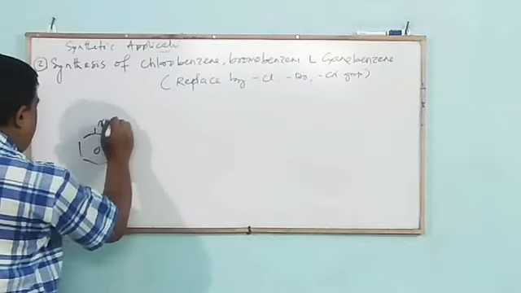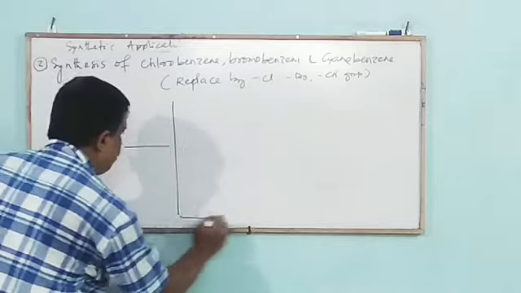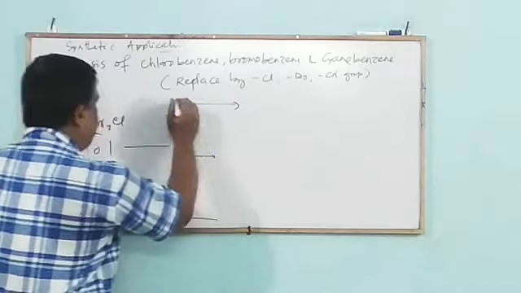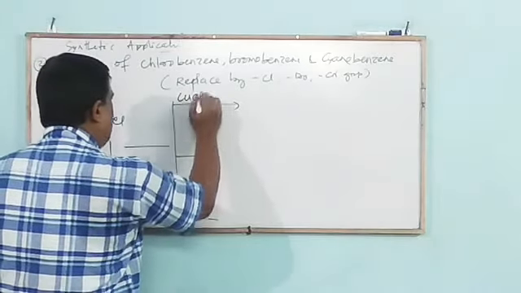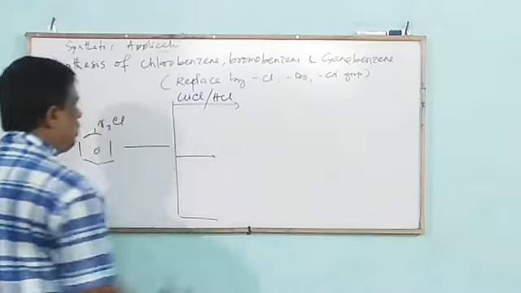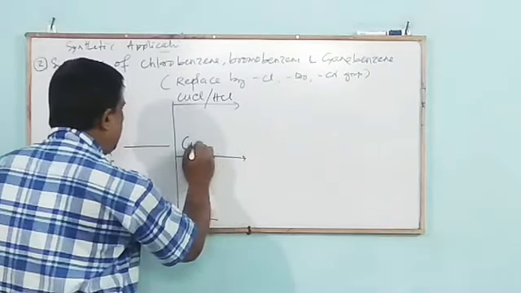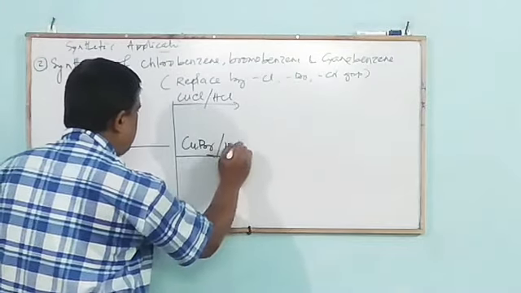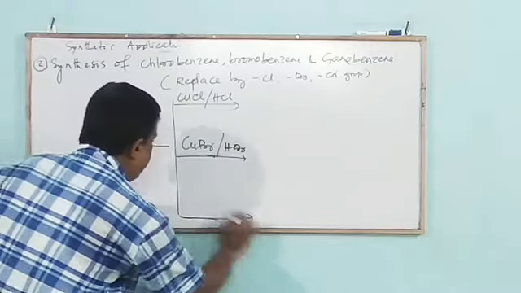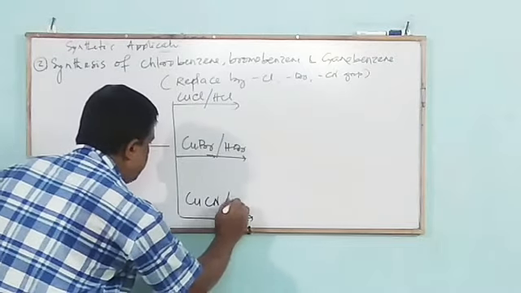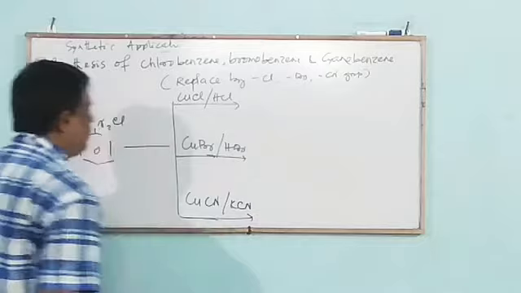When benzene diazonium chloride is treated with cuprous chloride in presence of hydrogen chloride, or cuprous bromide in presence of hydrogen bromide, and cuprous cyanide in presence of potassium cyanide, mark that.